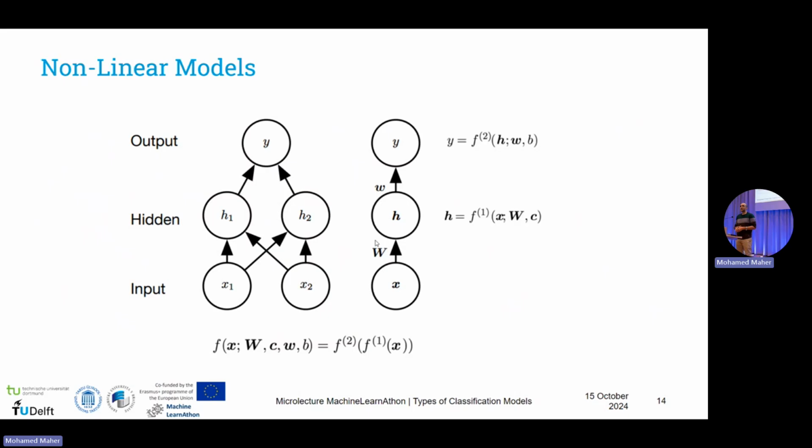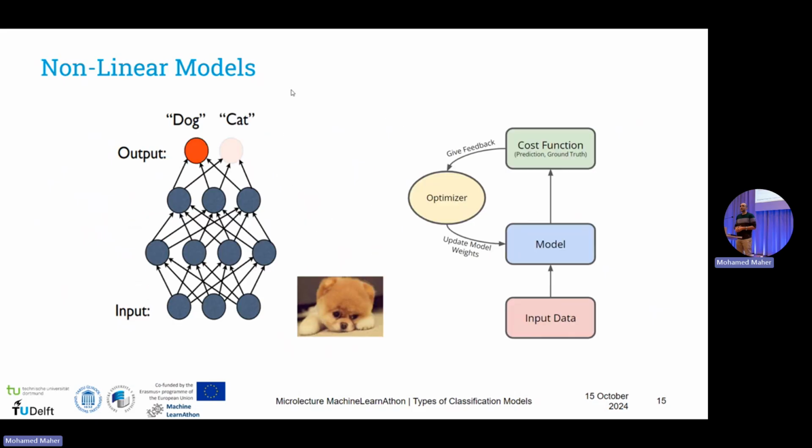For each perceptron, as we said, it will be a linear combination of the inputs from the previous layer's perceptrons, and then we pass this output into a nonlinear activation function. So at the end, it can be considered a complex nonlinear model.